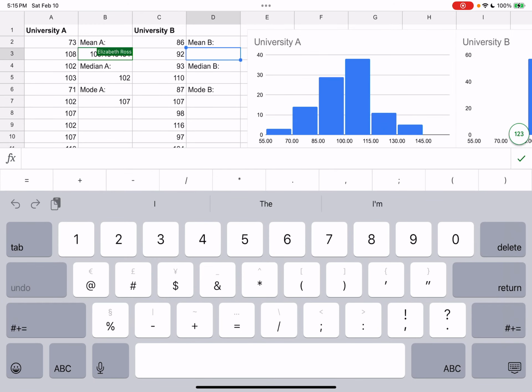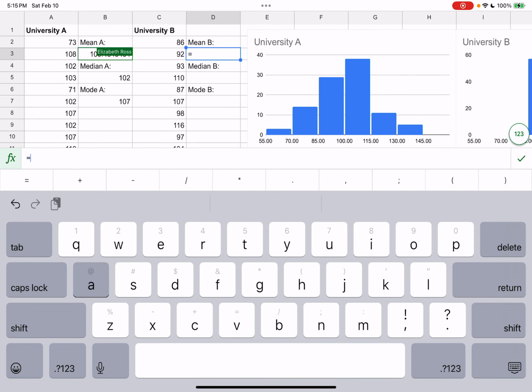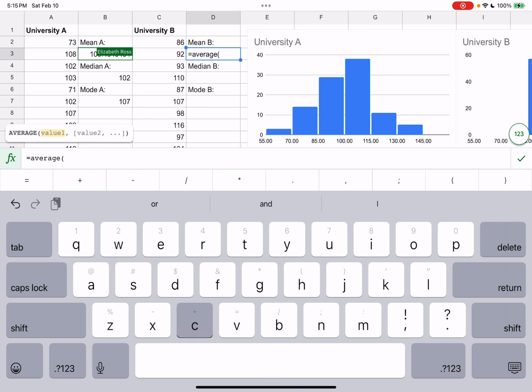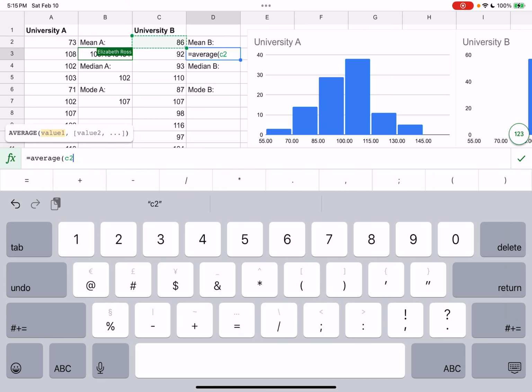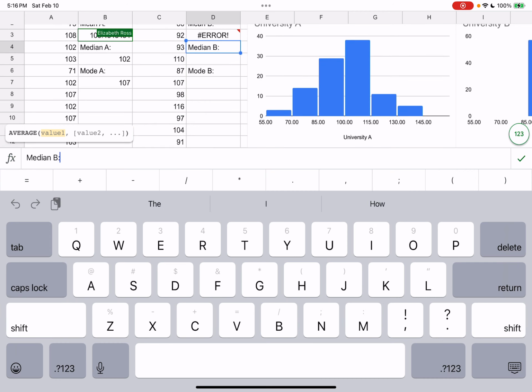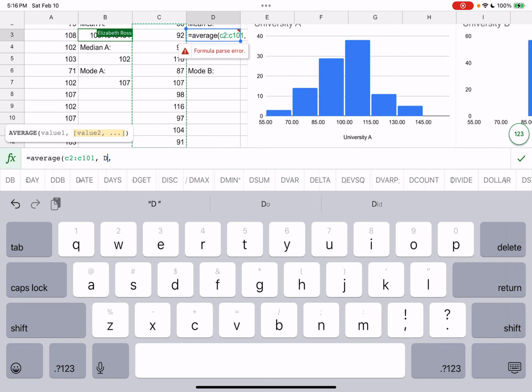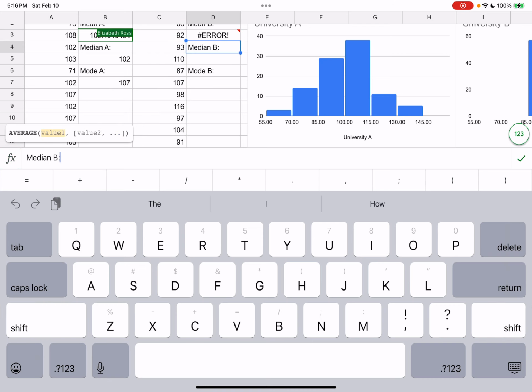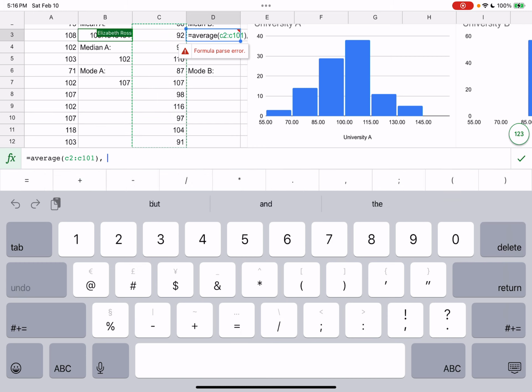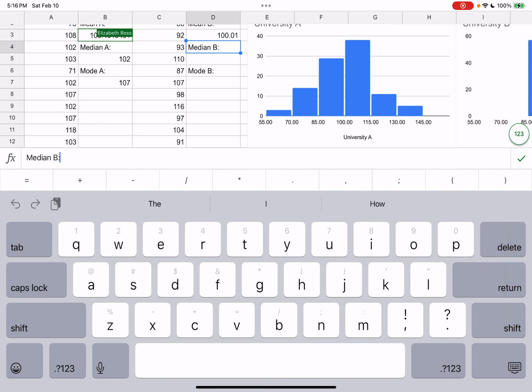So let's do equals, average, and this time we're in C. So C2 to C101. Enter. Okay.